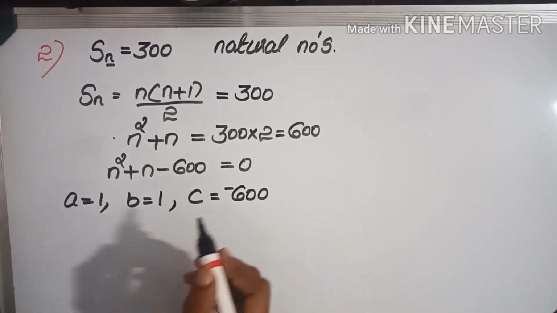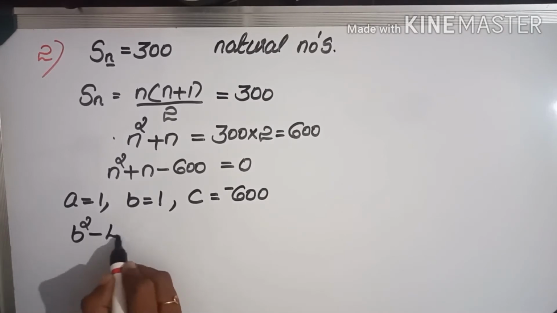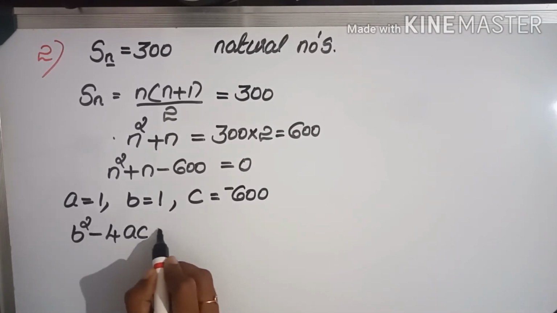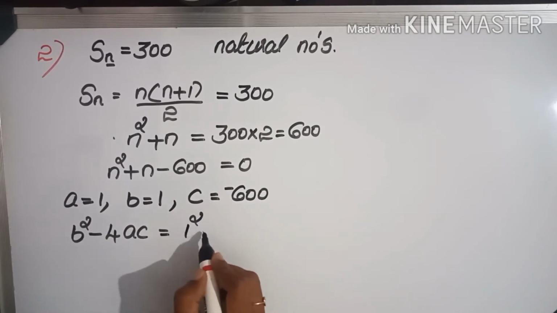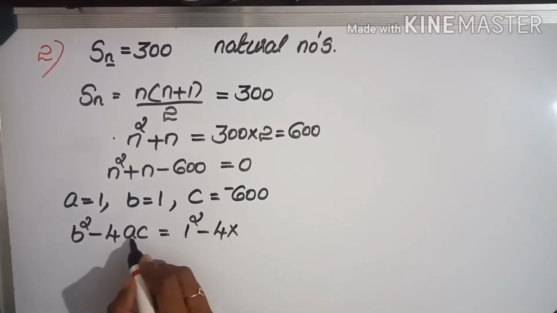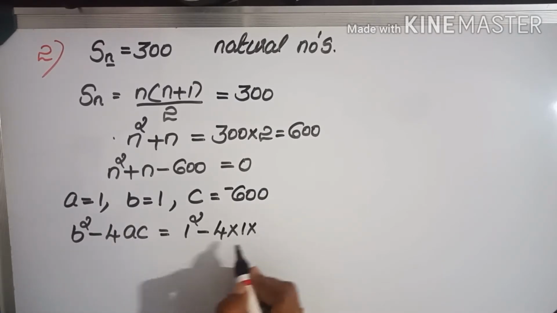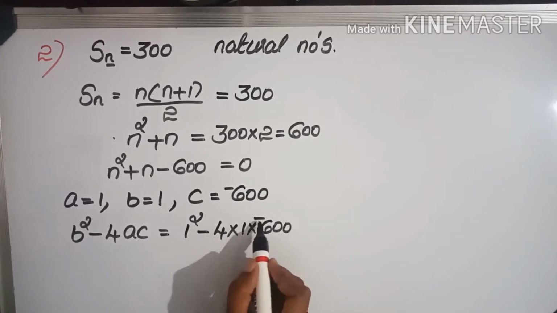Next, the discriminant we have to write. Discriminant b square minus 4ac equal to, b square is 1 here. So 1 square minus 4 into a is 1 into c is minus 600. The sign is there, don't forget to put this sign.